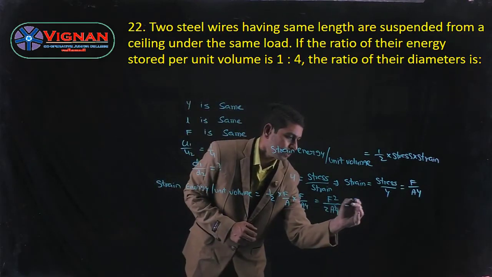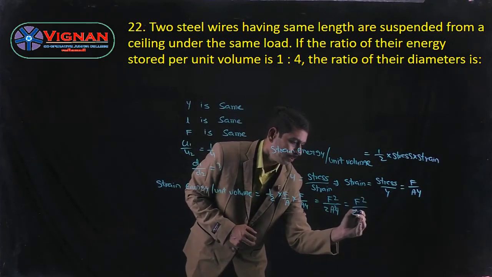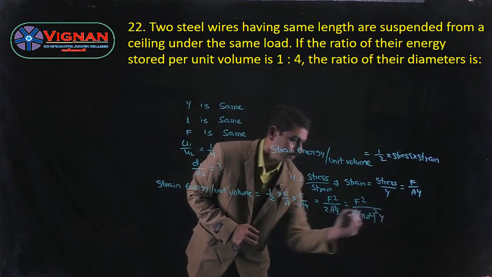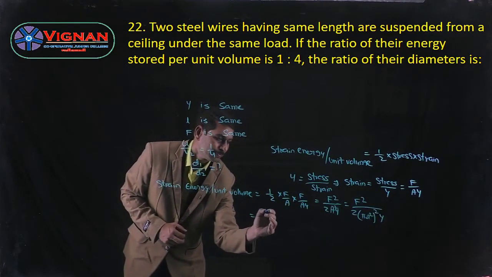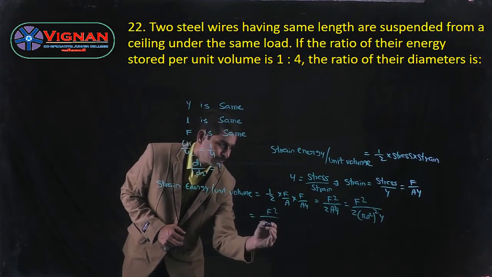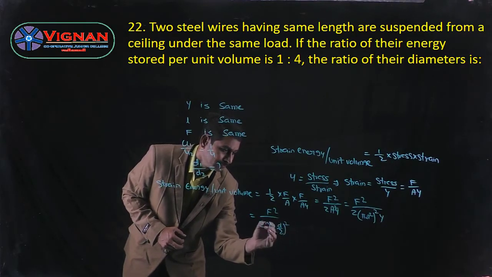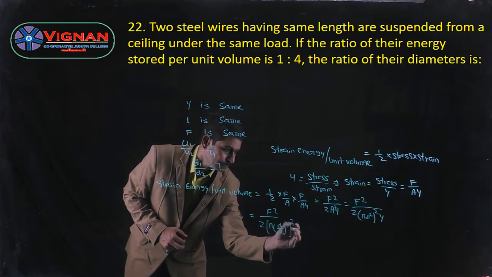So this is equal to F square by 2 pi r square all square into Y. We are asked to find diameter, so r is D by 2.